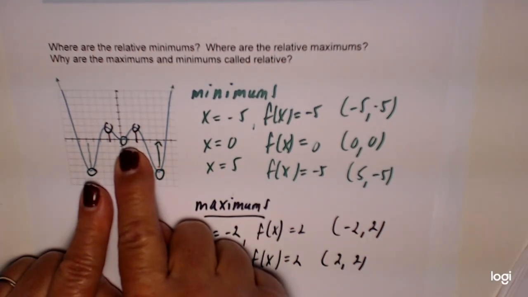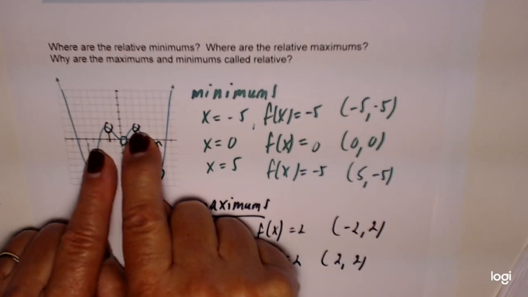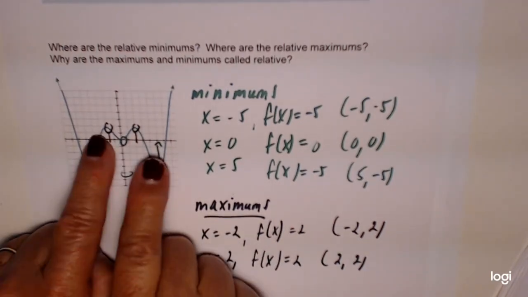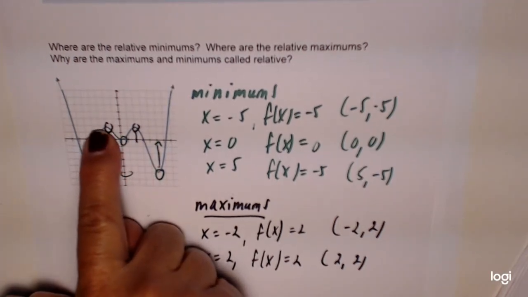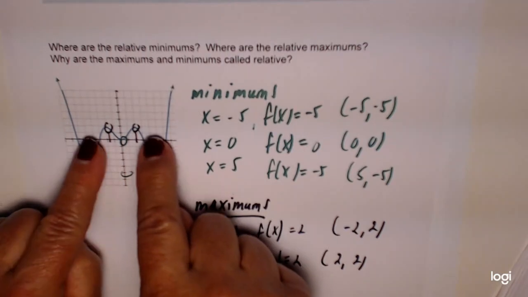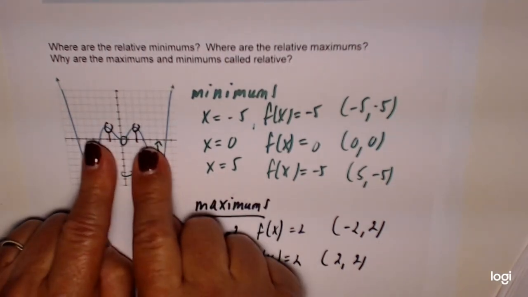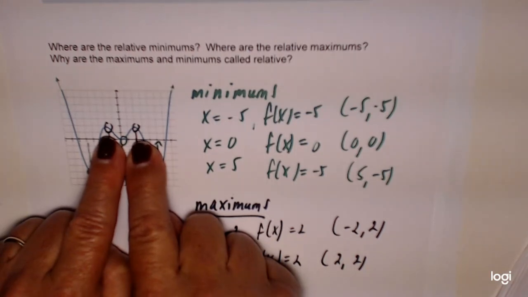In terms of our maximums, we have two maximums here at negative 2, 2 and positive 2, 2. They are the biggest points in their immediate neighborhoods, in their area of the graph. So these would be relative maximums.